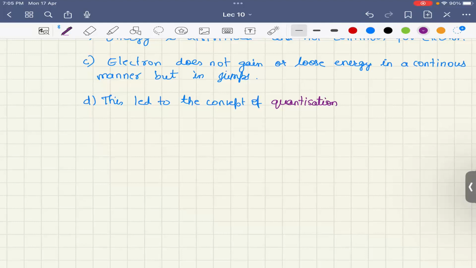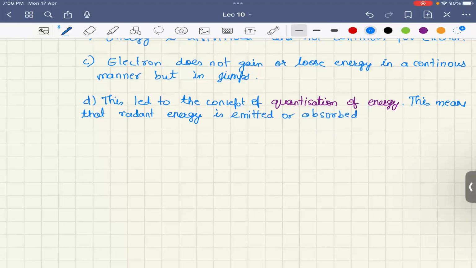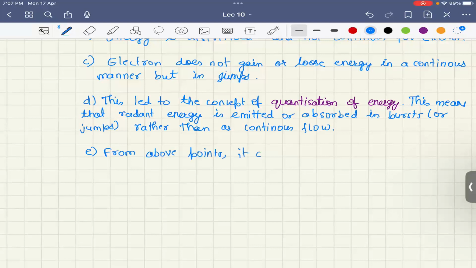Quantization of energy means that radiant energy is emitted or absorbed in bursts or jumps rather than as a continuous process. This is very important. From above, it can be concluded that the energy of electron is quantized.